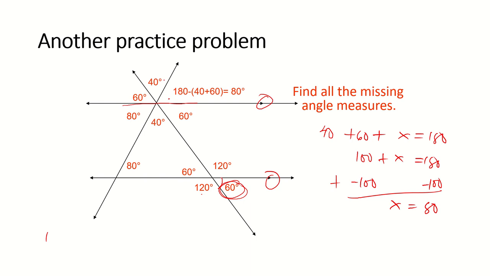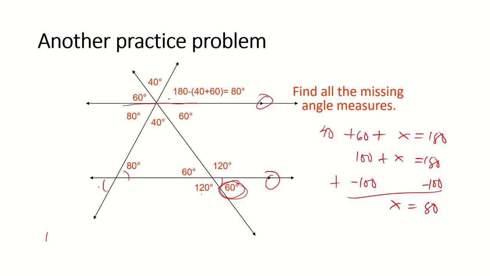So to make it 180, what you need is you get the sum of 40 and 60, that's 100. So added with the third one which is still unknown, it should result to 180. So there you go, it became 80.